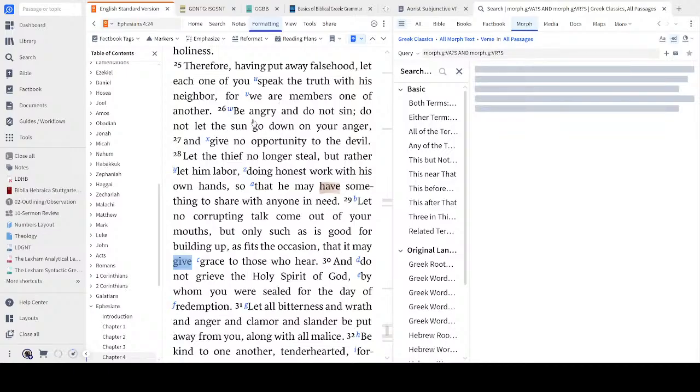And the whole thing with the aorist is that it may give grace to those who hear. And the nuance of the aorist is more of, and we see the snapshot here of what's going on in Ephesians chapter 4, verse 30.